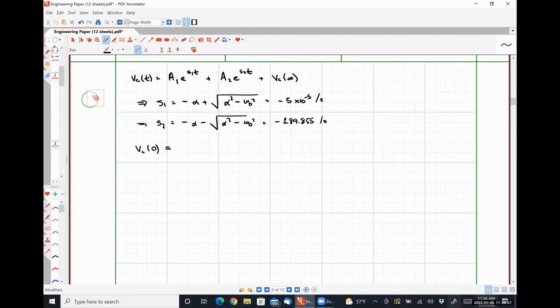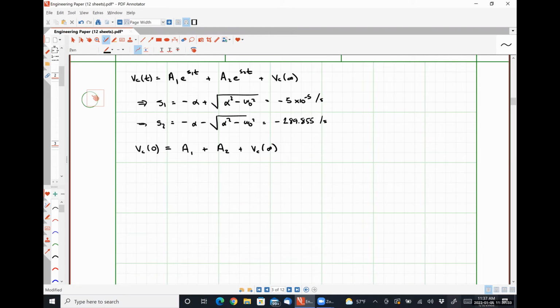what does our response equation simplify to at t equal to 0? If we put 0 in here and here, what do we get? Exactly right. A1 plus A2 plus VC at infinity. And we have numerical values for VC at 0 and VC at infinity, right?